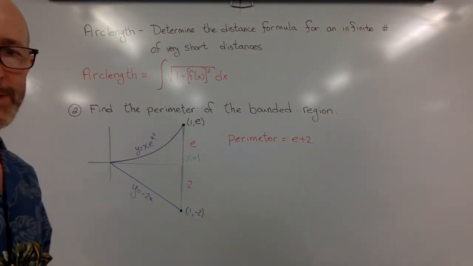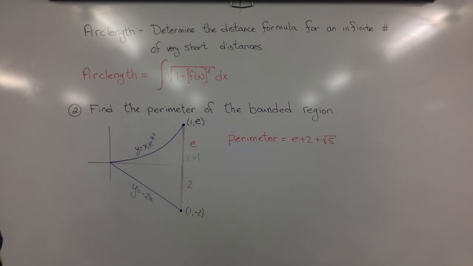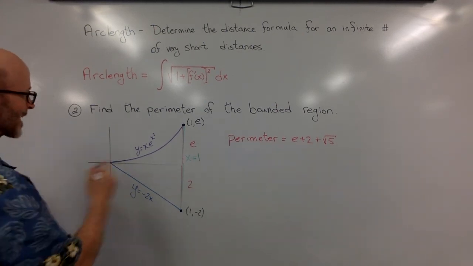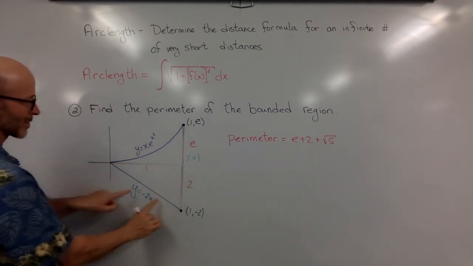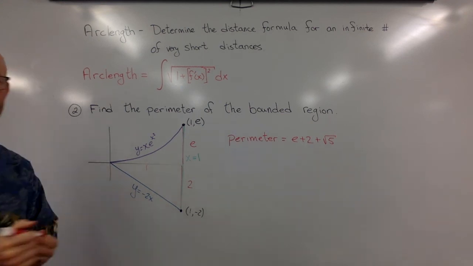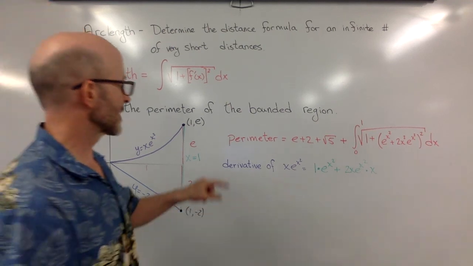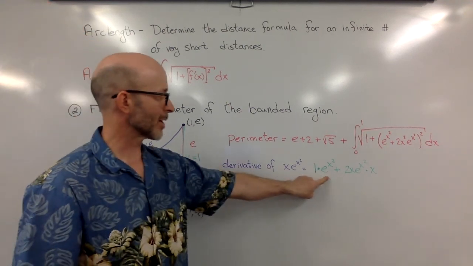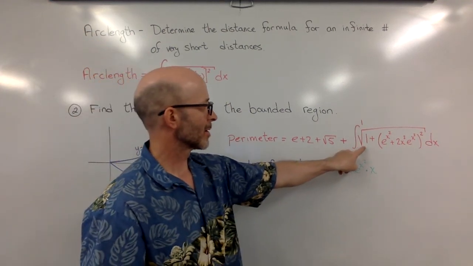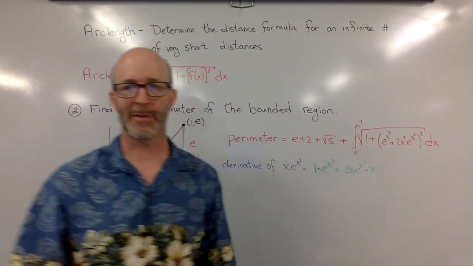Okay? Use a little bit of the same logic as we run out of time. And by the Pythagorean theorem, since this is 1 unit across, we can use the Pythagorean theorem to find out this is the square root of 5. But then the last part. As we run out of time, take the derivative of this function. And then to get the perimeter, or the arc length, 1 plus the derivative squared.